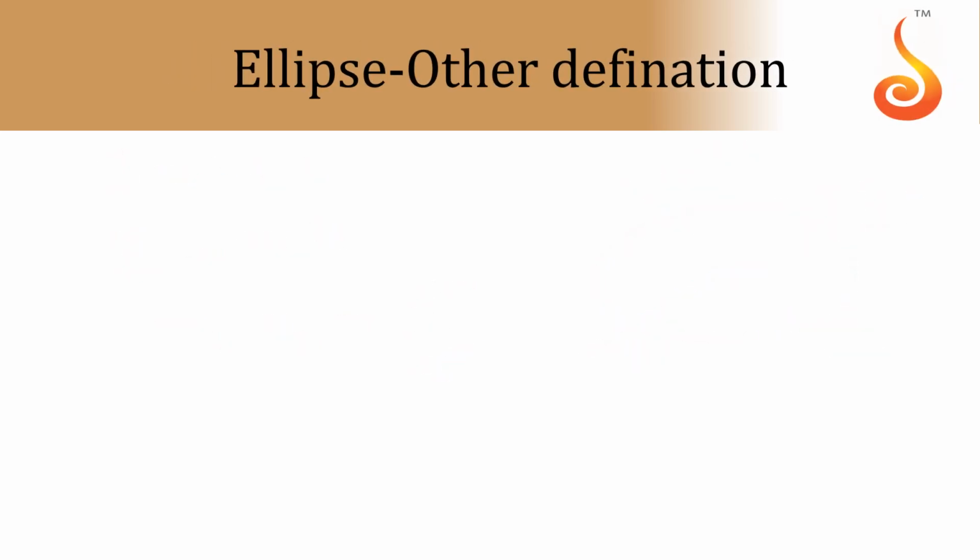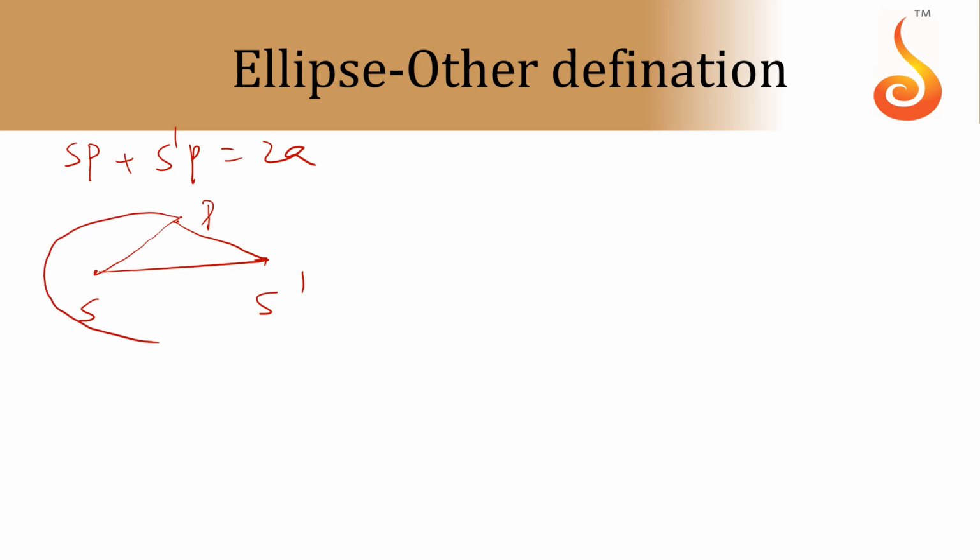Now the other definition of the ellipse, which everybody knows: SP plus S dash P equals 2a. The locus of a point, suppose there are two fixed points, whose sum of distances from the two fixed points is always greater than the distance between them, is an ellipse. So this is another definition, but one more important understanding is there.